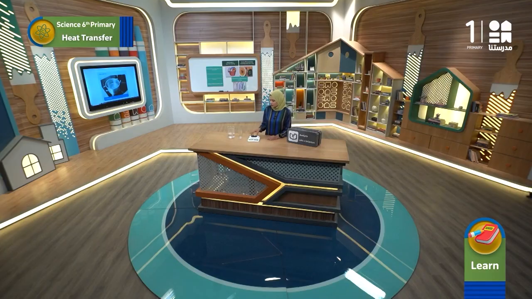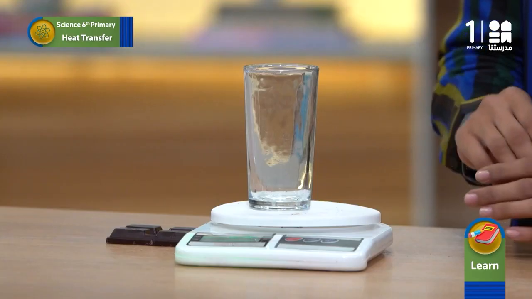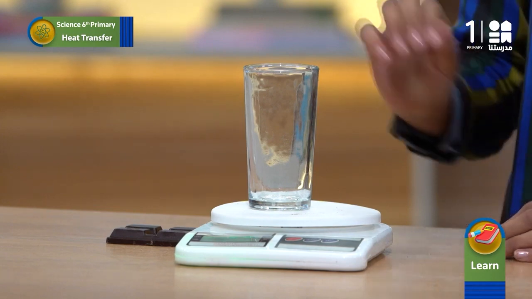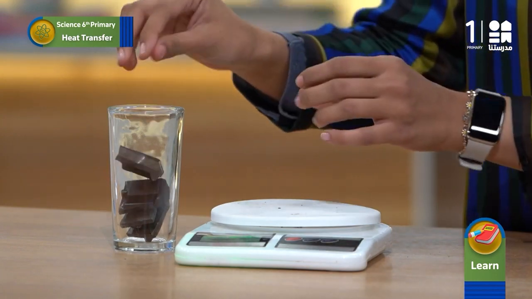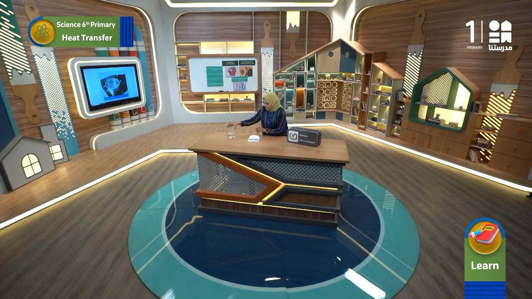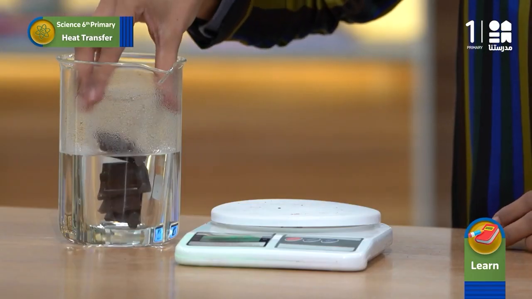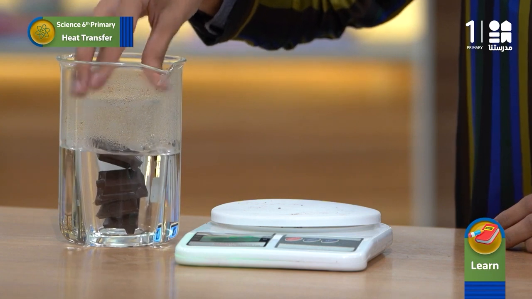Let's see what we will do. First, we will weigh the cup. It's 200 grams. And now we will put the chocolate inside the cup to melt it. And let's observe what will happen after melting.